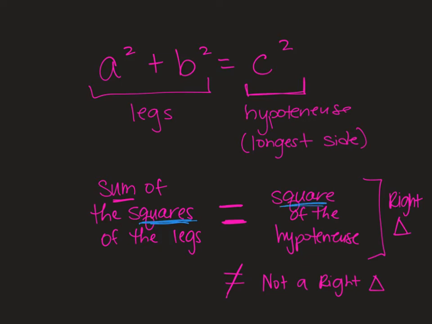If we plug our numbers in and we see that that is true, then that is going to make a right triangle. If we plug it in and they are not equal to each other, then that is not a right triangle. It's going to depend on the different questions, how they ask things. Are we looking for ones that do make a right triangle or ones that do not?